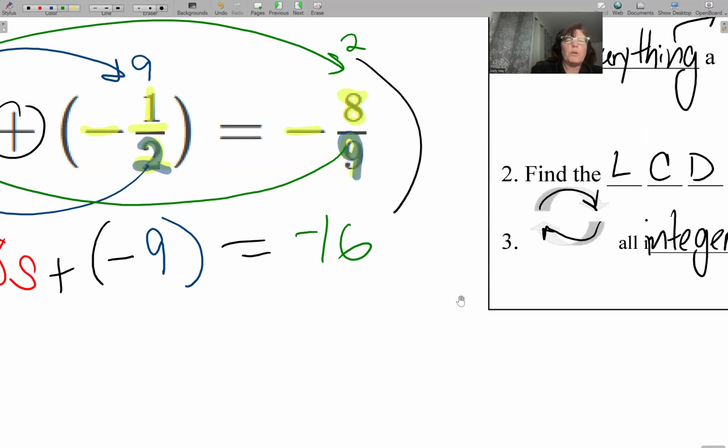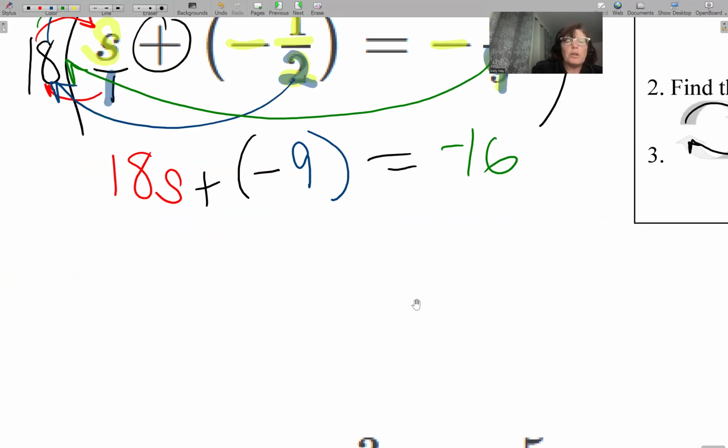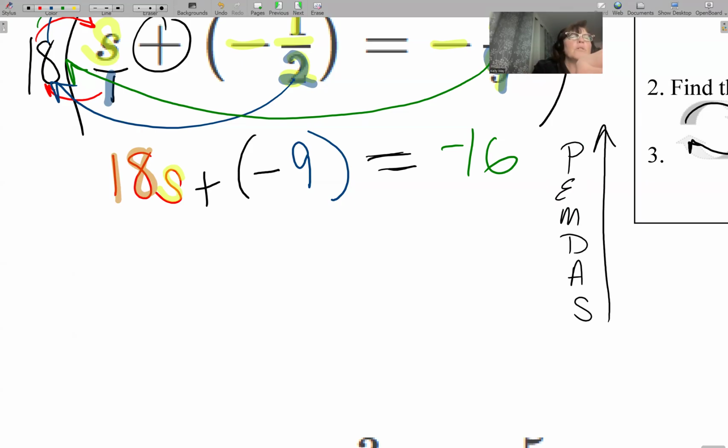Now we are going to solve. Our goal is to get s by itself. This 18 next to s is the last thing that goes. We're going to follow PEMDAS, but when you go over an equal sign, you actually go backwards.